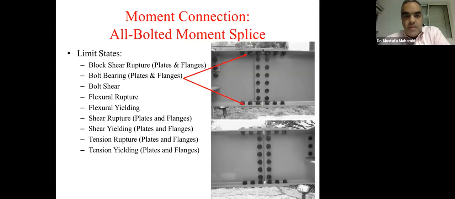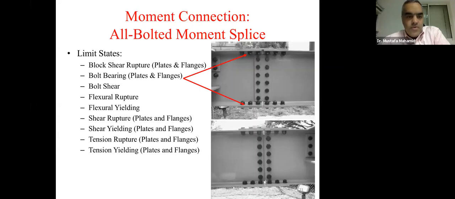In the moment connections, we also have the splice connections, all bolted splice connections. So we have plates at the top and bottom for the splice, and we also have a shear plate for the shear between the two parts of the beam that are joined together.